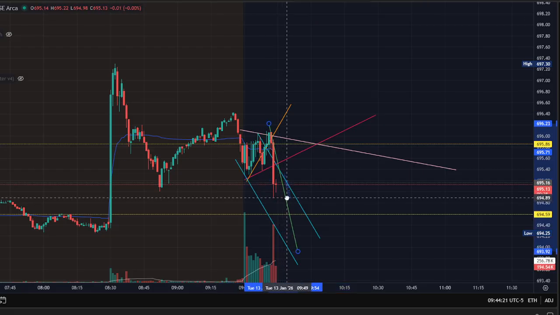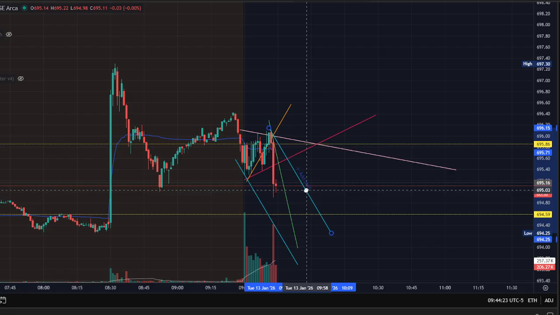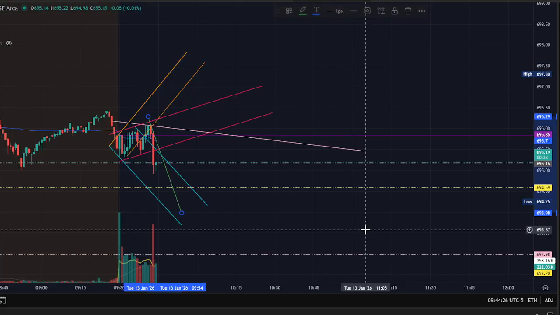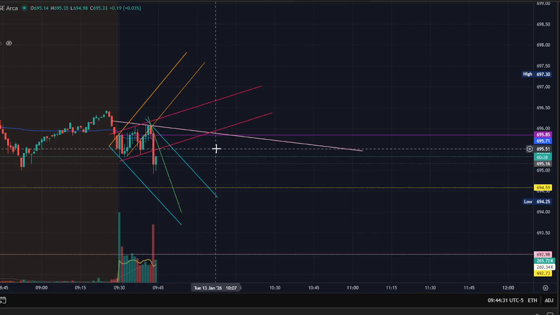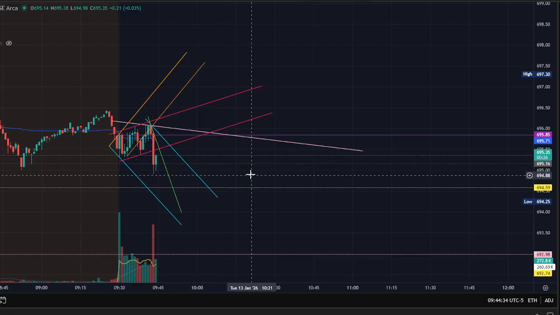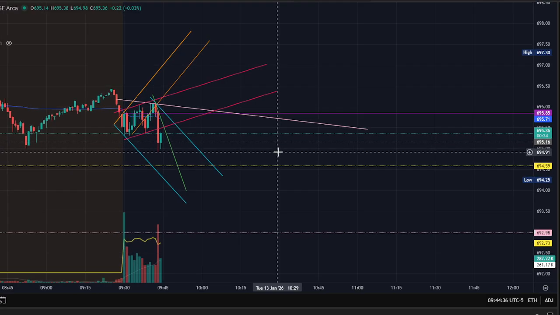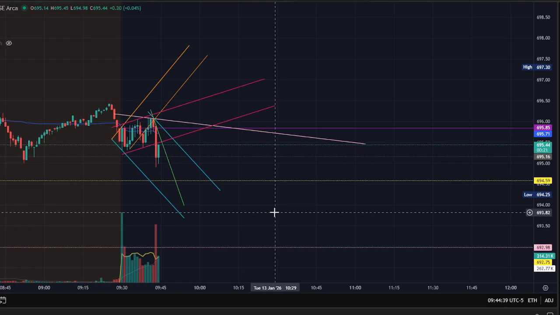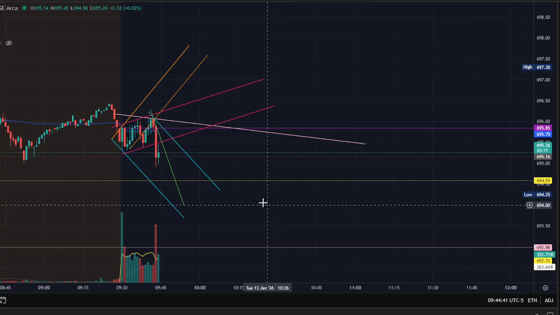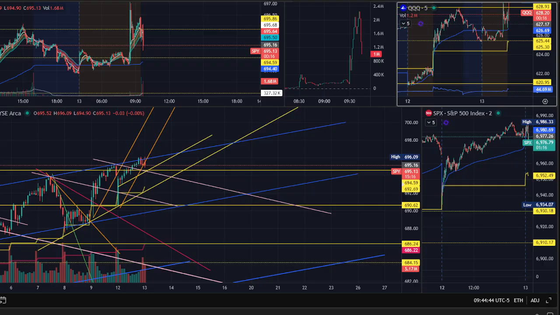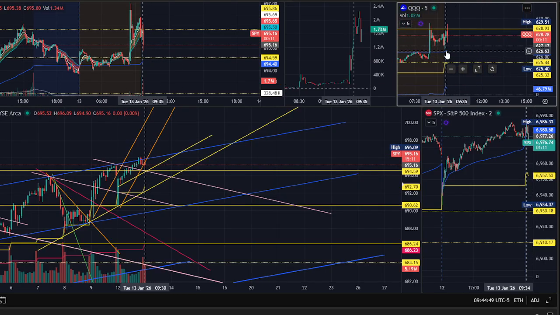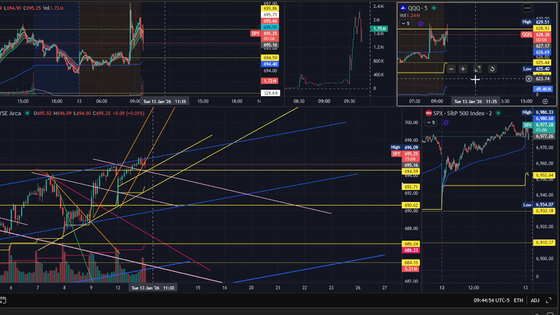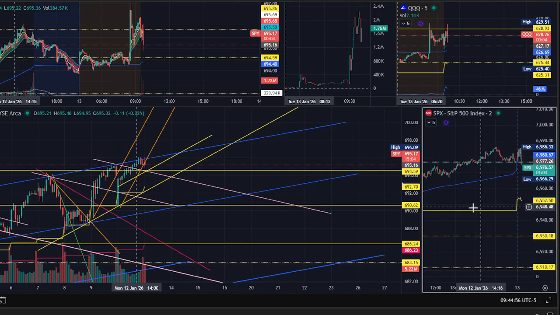We get confirmation on algos, knowing who has control. Qs have not pushed past their low of the day. Do keep an eye on that.